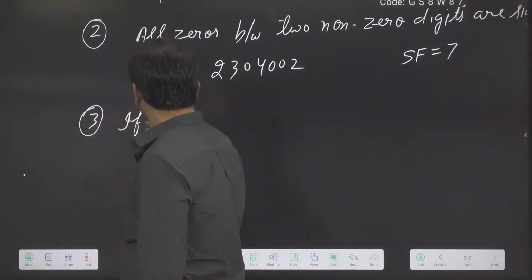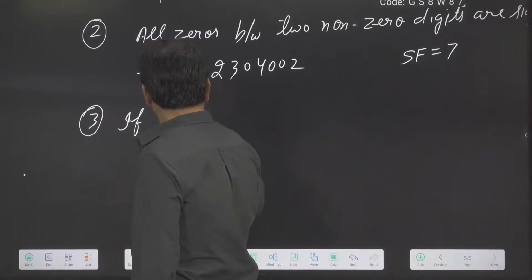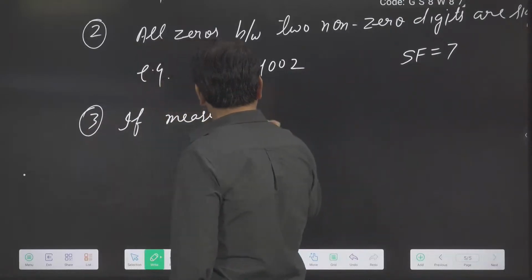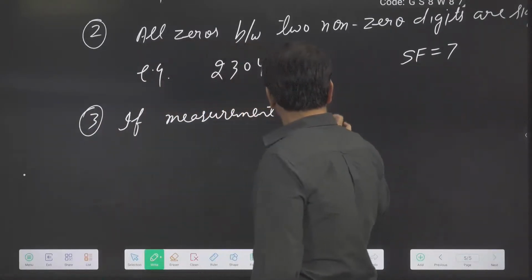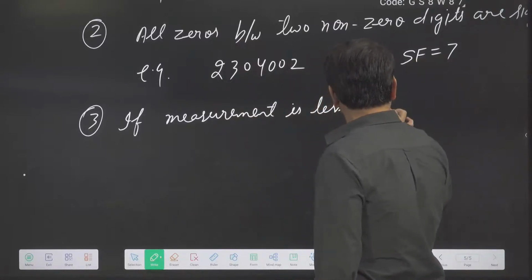Next one is, what if the measurement is less than 1?